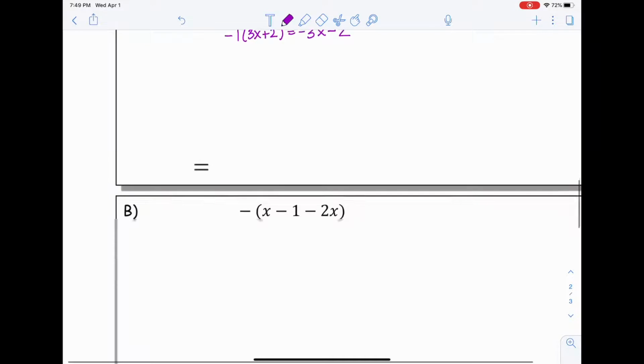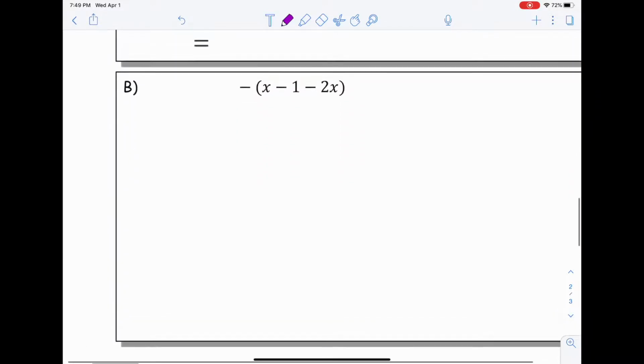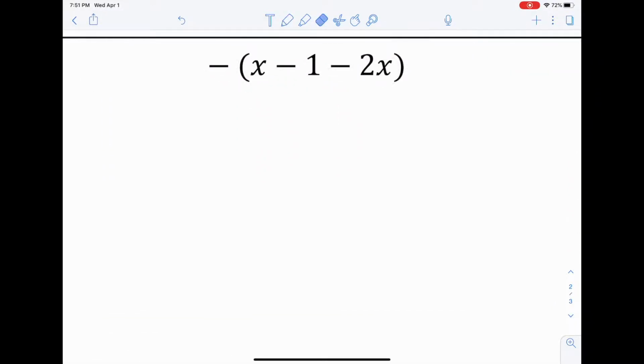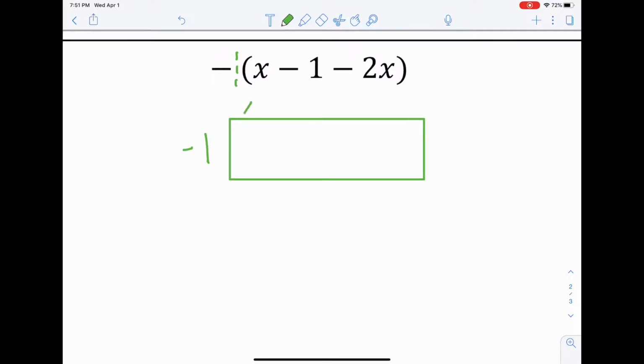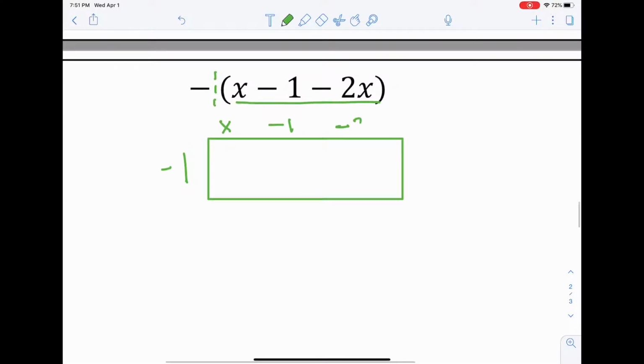All right, let's do one more, a little bit more challenging one. So remember, when I have a negative in front of my parentheses, it's like having an invisible -1. Let's go ahead and set up our box. Okay, so I'm going to have -1 in the front, x minus 1 minus 2x at the top. Go ahead and set up your lines.